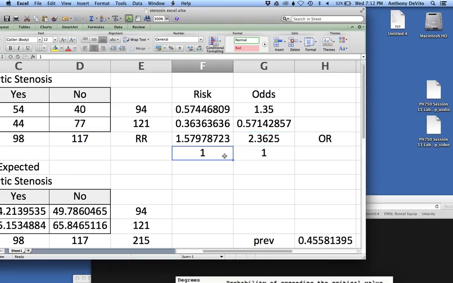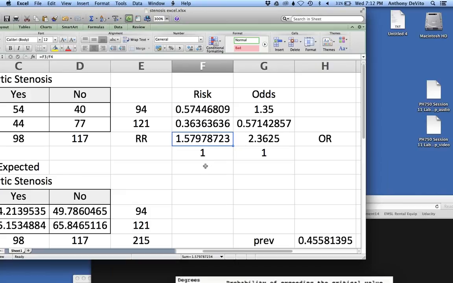So I got a number that I'm comparing to another number, where I really don't know whether that 1.57 or the 2.3 is precisely right, but I can calculate a range of numbers that I can say I'm 95% sure the value is between. This is kind of a binomial distribution, isn't it? Yeses and nos here. It's stenosis, no stenosis.